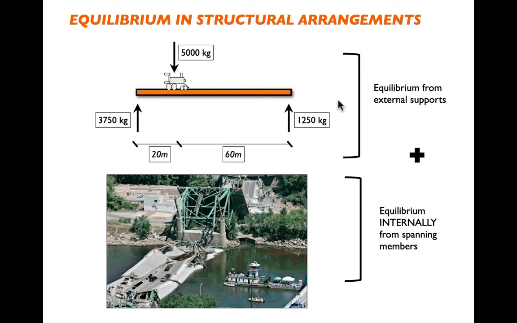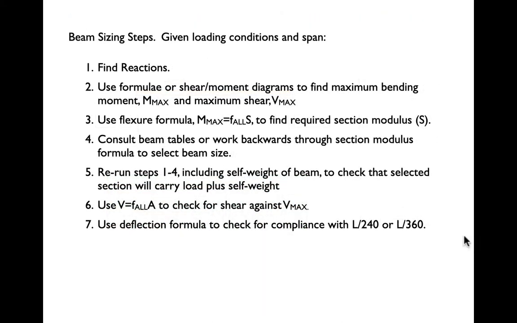And remember that we do this by first finding the external equilibrium, figuring out what reactions we need to stabilize the beam given its loading condition, and then zooming inside and doing the shear moment diagrams to figure out what's going on inside the beam, how those external forces are being balanced by internal stresses.